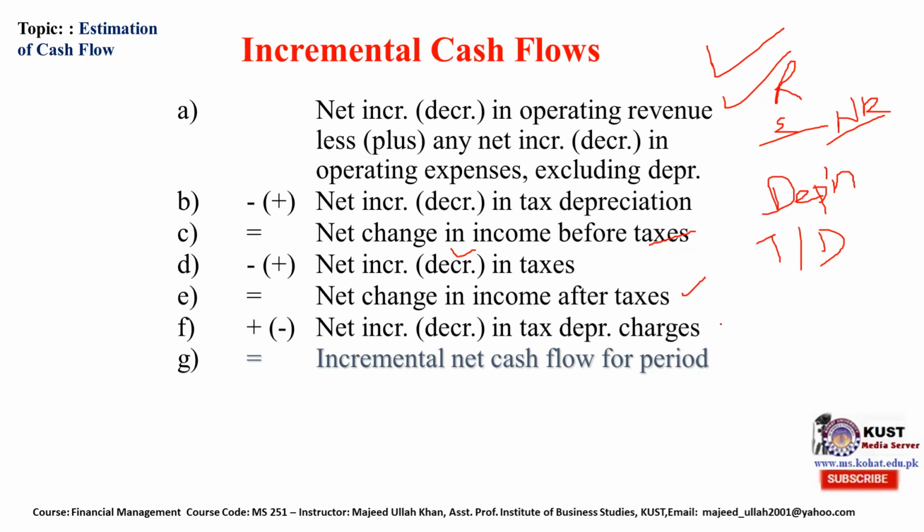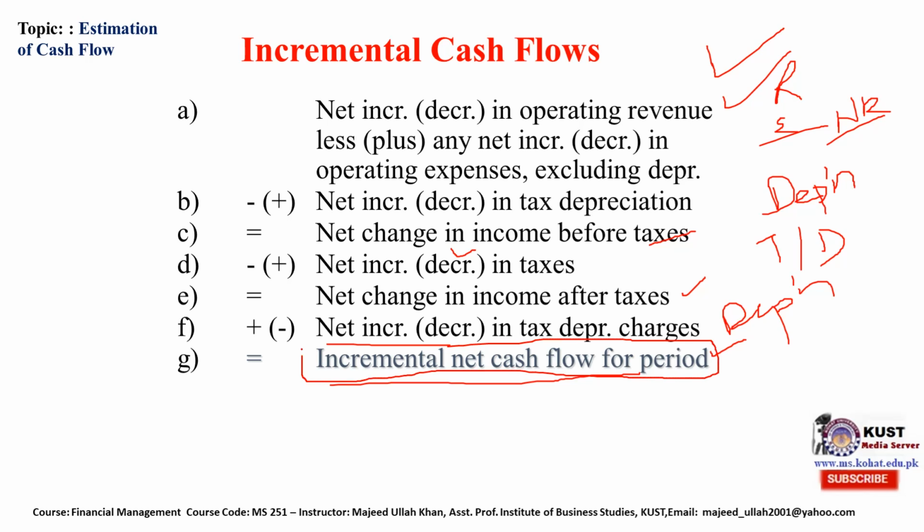Now we will add back that depreciation again, because it is a non-cash item, so it will give us incremental cash flow. We will also discuss it with the help of an example in the coming slides. Again, there are 3 steps. First, calculate the net increase in operating revenue minus the net increase in operating expenses because of this new project.